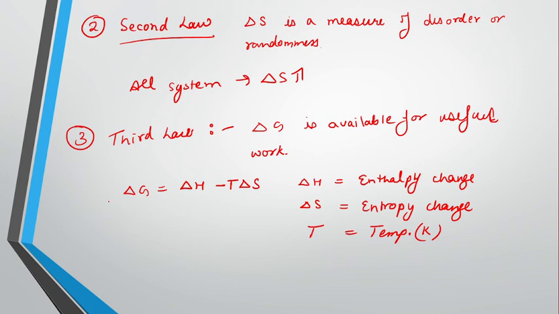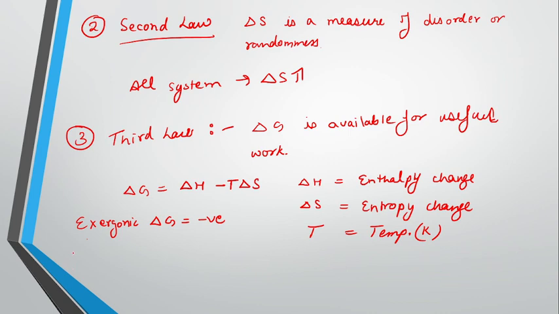Okay, for exergonic reactions, delta G is negative. Free energy is lost.